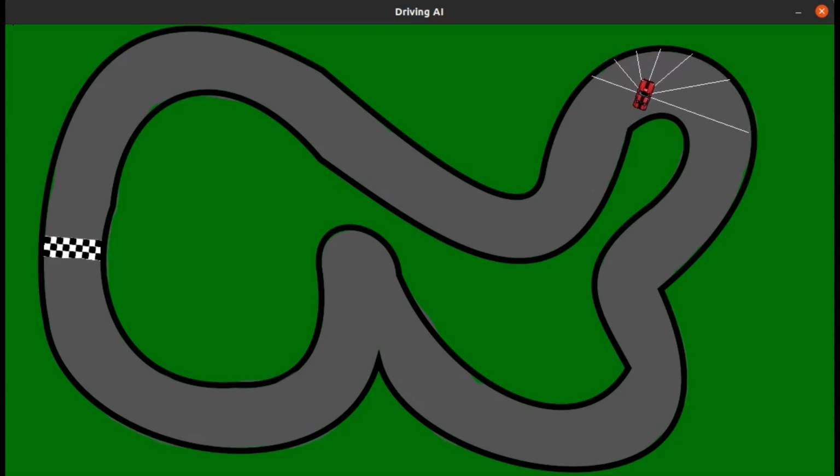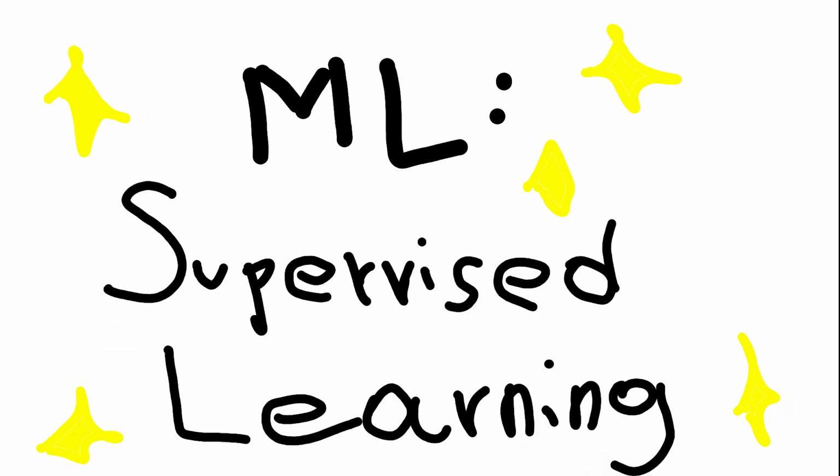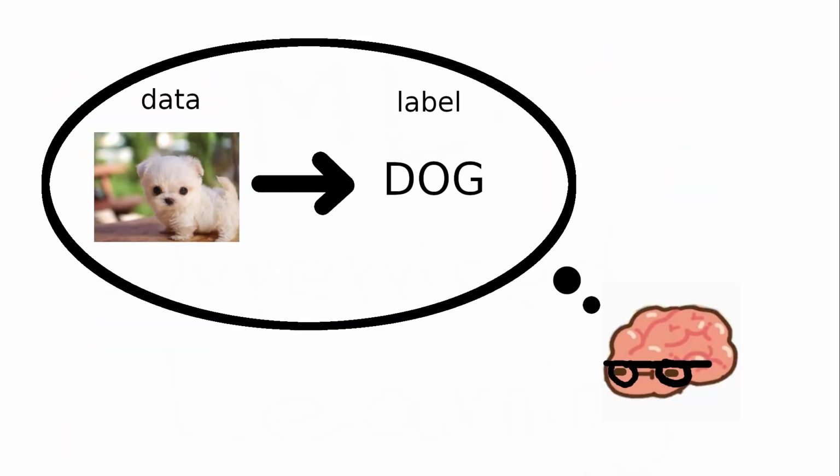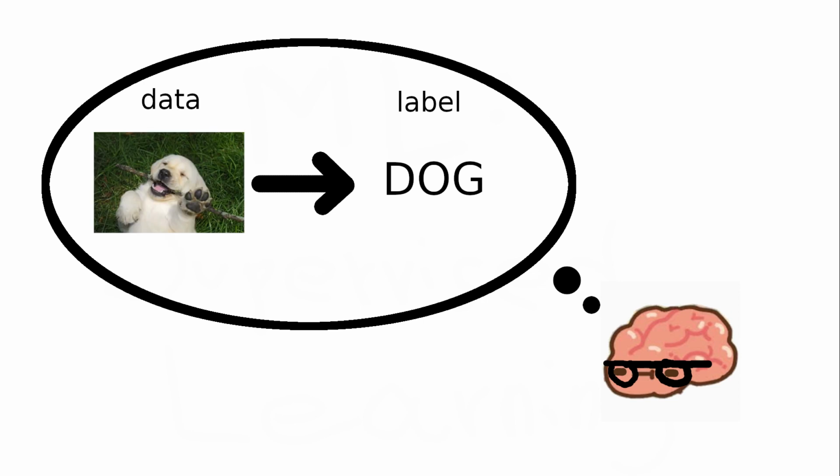Okay, so clearly this method is not very good because the AI isn't really learning, it's just copying our behavior. It doesn't really know what it's doing. It's just copying keystrokes without really knowing what's going on. In machine learning, this is what's called supervised learning, which means the neural network learns from the information it's provided, and this information is labeled.